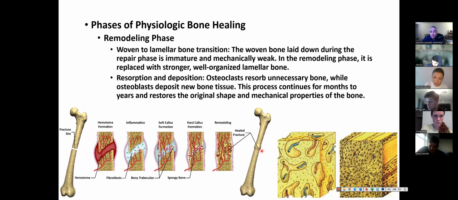After the union, gradually over maybe several years, based on the age, this callus that was formed here and changed the shape of the bone is remodeled completely into the normal shape of the bone.